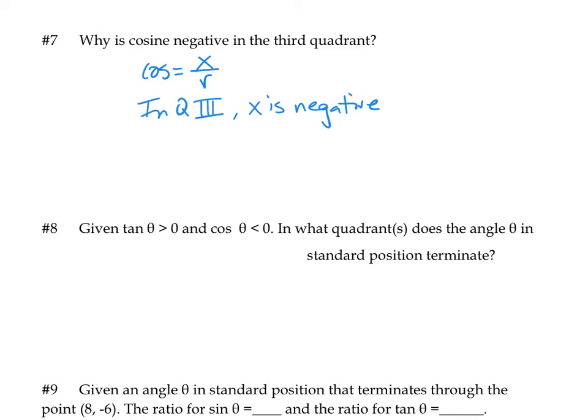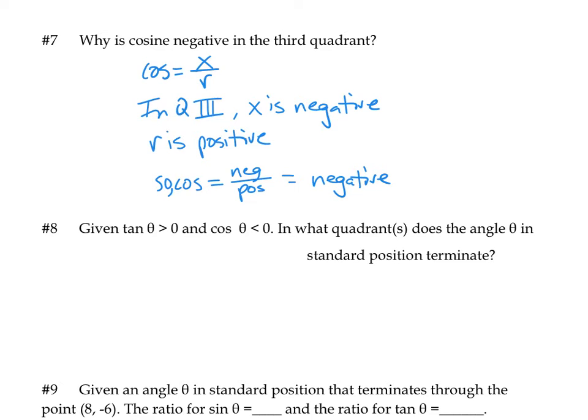We just talked about r is always positive. So cosine is equal to a negative over a positive, which means there will always be a negative ratio. So the keys were x is always negative in the third quadrant, r is always positive, and cosine then is the ratio of x over r, which will give you a negative.